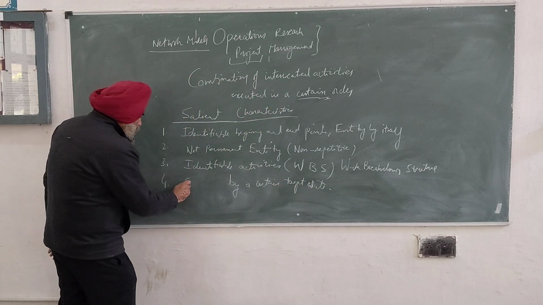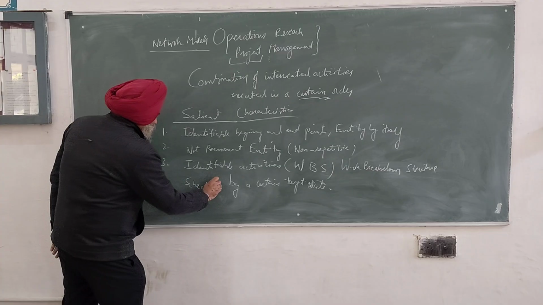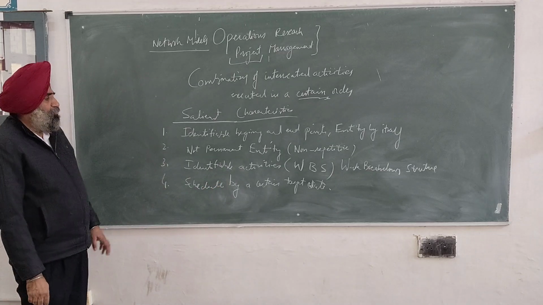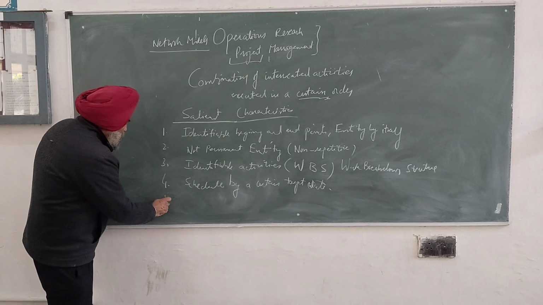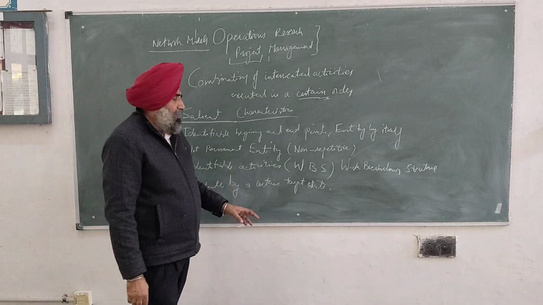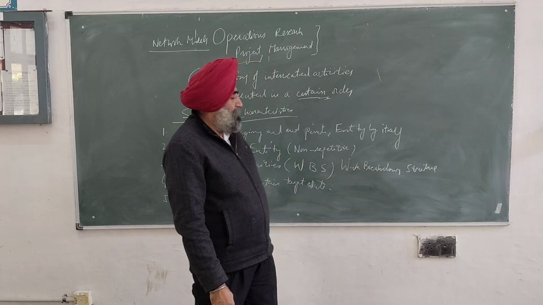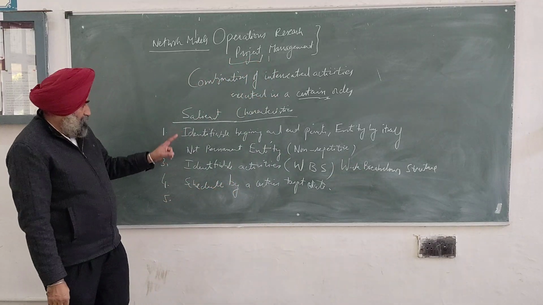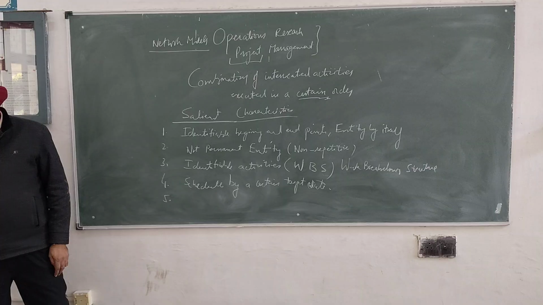Accordingly, we have to schedule our activities. We have to divide the activity into different components or parts, and accordingly take into account the resources involved. This is the fifth characteristic.